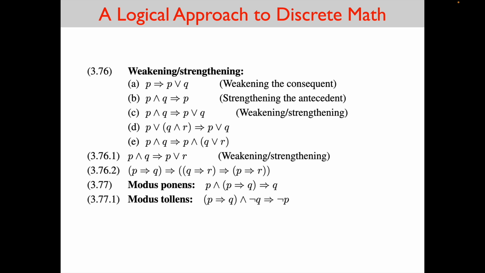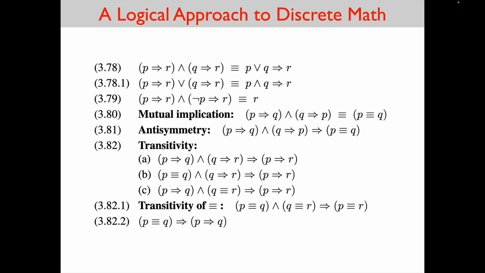P implies Q. If you know that P implies Q is true, and you know that Q is not true, then P cannot be true. That's called modus tollens. And then we have some more theorems here, 3.78, 3.78.1. I don't think I'll discuss them much.